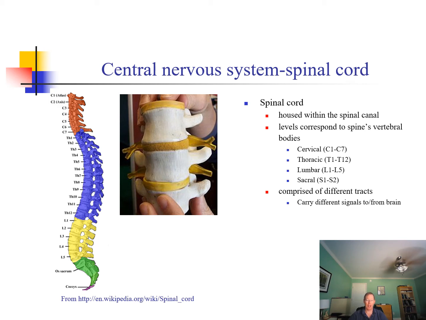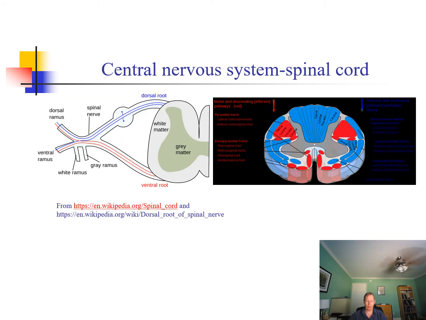Now, it turns out that in order to do this in a coordinated fashion, I need to have certain tracks. And I show here in this picture an example of a cross-section of the spinal cord where the blue tracks are tracks that are dealing with sensory information that is going upwards to the brain, and the red tracks are motor, which are controlling the muscle, which are going down the spinal cord.